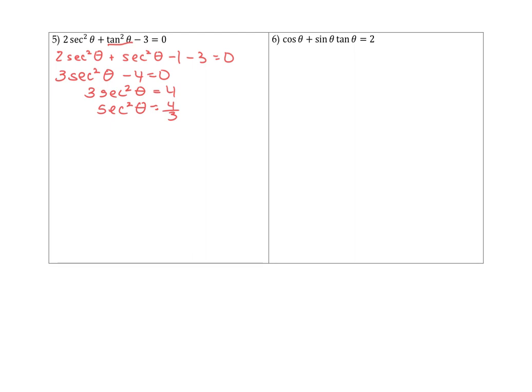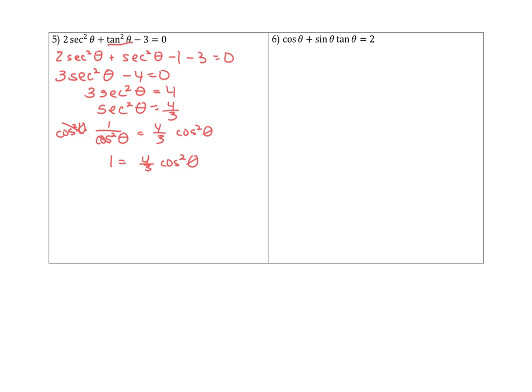So now I'm going to replace secant squared with its reciprocal. So I'm going to do 1 over cosine squared theta equals 4/3. Now multiply both sides by cosine squared theta. So 1 is equal to 4/3 cosine squared theta.